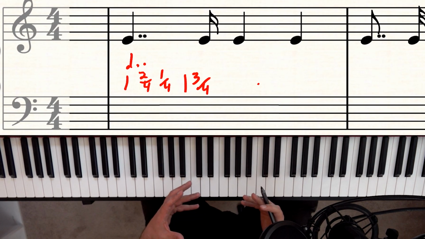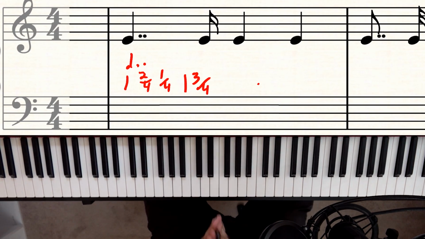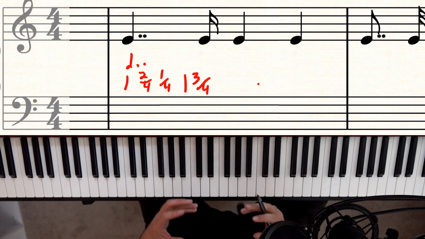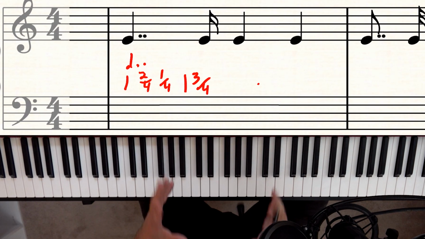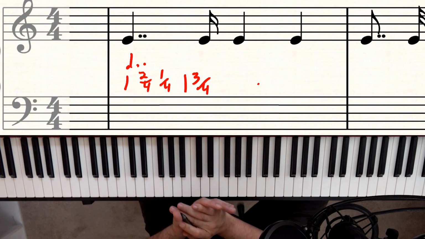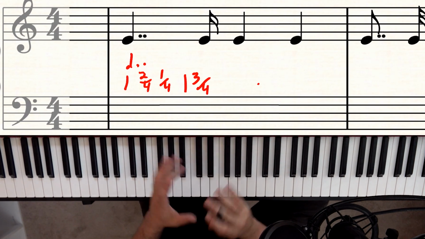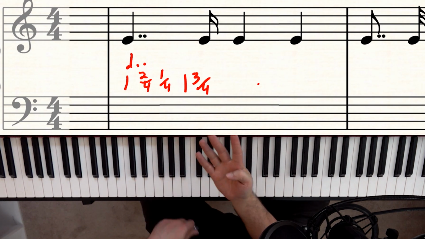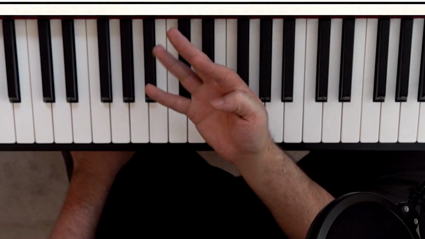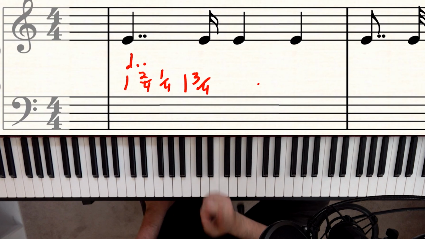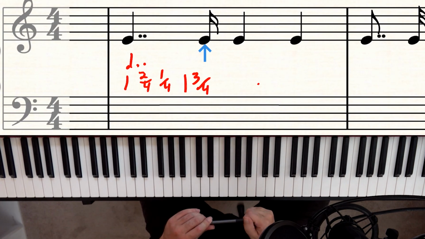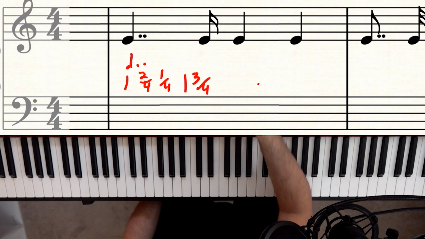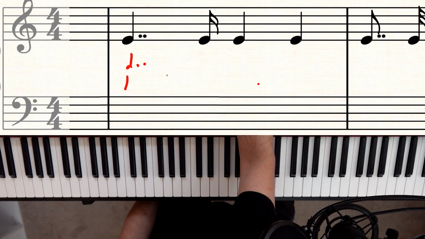This is why I don't like these. There's lots of math involved. So now we have to figure out, it takes up 1 3/4. How do we figure out where to move using our attack point strategy? So we're talking about quarters. So if you're talking about quarters, you're talking about splitting notes up into 4 parts. And we use what? The 16th notes. And that's why I have a 16th note right there, right? So it's taking up an entirety of beat 1 and then 3/4 of another beat.